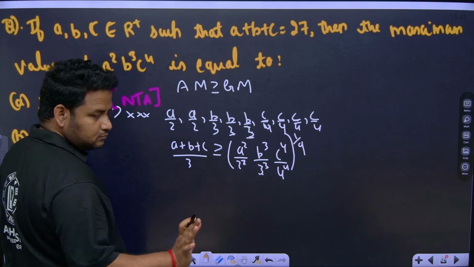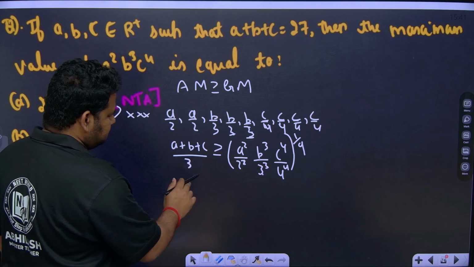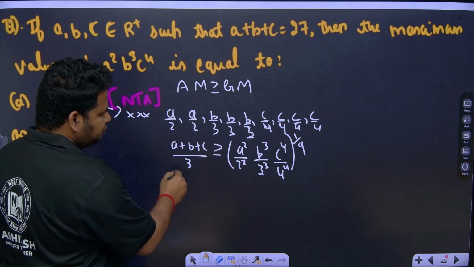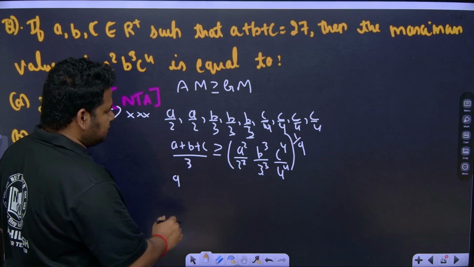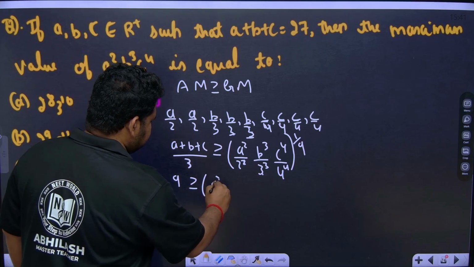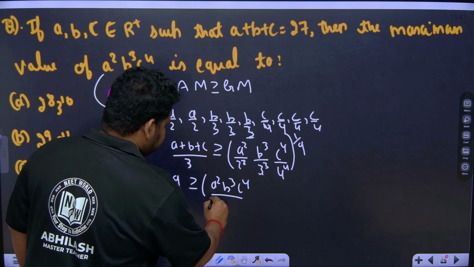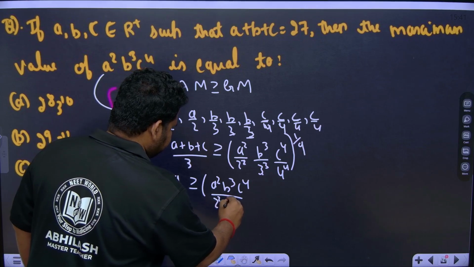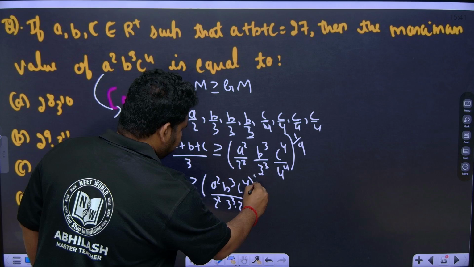See, listen. Here we are having 3 by this thing. So 27 by 3 will get it as 9. Okay. So 9 is greater than or equal to a square b cube c4 divided by 2 to the power of 2 into 3 cube into 2 to the power of 8, to the power of 1 by 9.